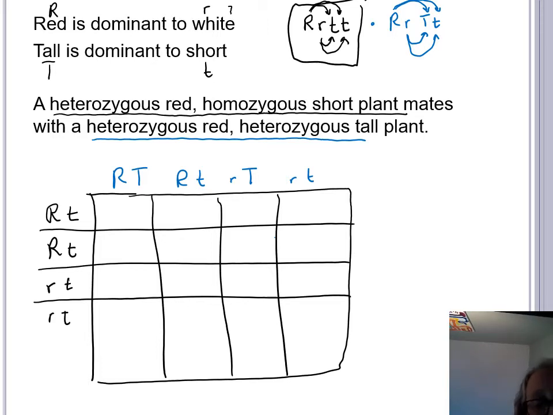So starting up here in this corner, we've got big R, big T, little t. In this one, it would be big R, little t, little t. Big R, big T, little t. Big R, little t, little t. And you just keep filling this out as you go along.